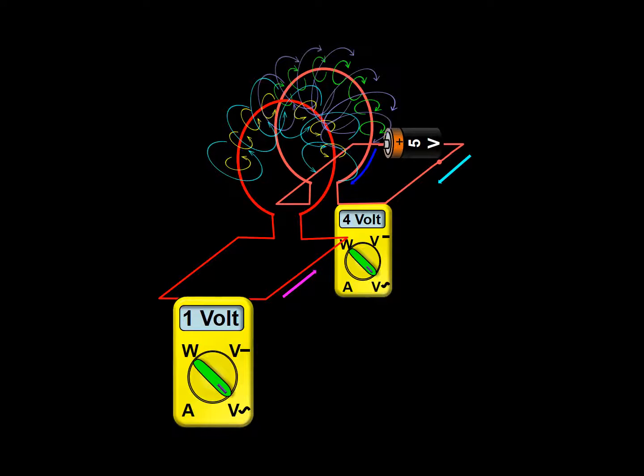And third, the current will produce a magnetic force in the circular portion of the secondary circuit. The vector of this force will be in the opposite direction than the vector of the magnetic force in the primary circuit. In this frame, the magnetic field of the secondary circuit is represented by yellow and aqua arrows.